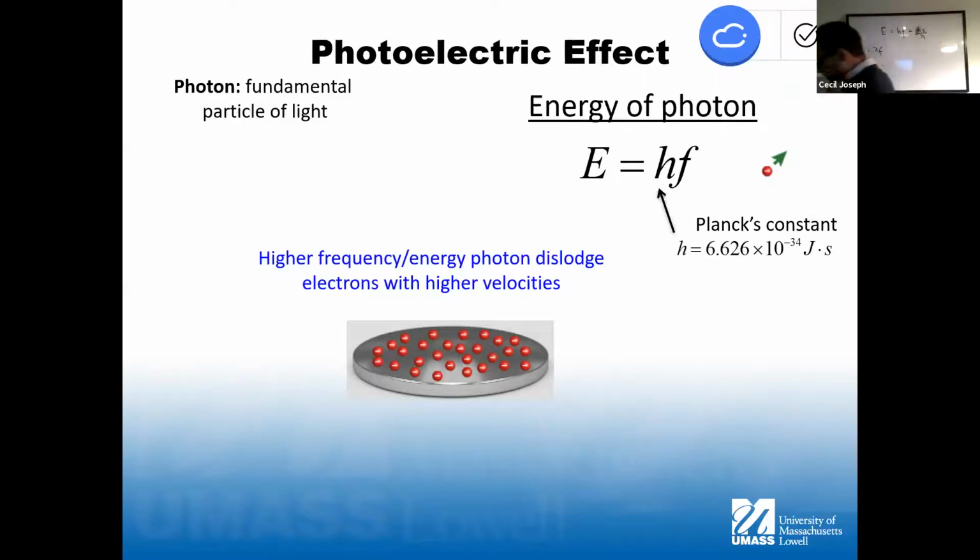So if bail is set at $10, the energy needed to get out of jail is $10. So this good Samaritan comes along, and that's the photon. If the photon has $5, it doesn't matter. He's not going to be able to get you out, which is saying that if the energy of the photon, hf, is lower than the energy required to eject the electron, the electron won't be ejected.